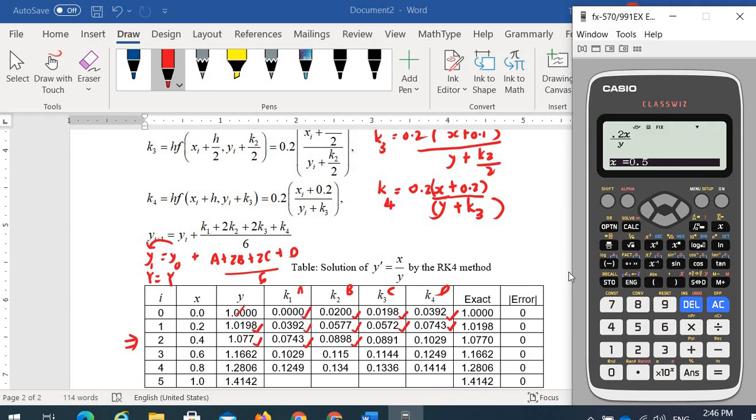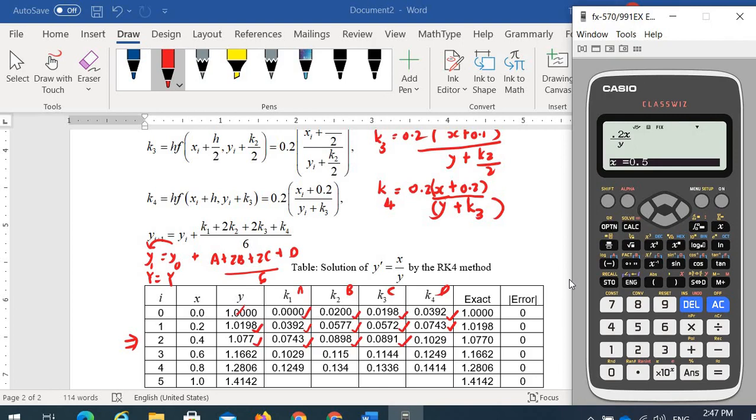Calculate again to get K3. X is the same, 0.4 plus 0.1, 0.5. Go down. Y for K3 is Y plus K2 divided by 2. So 1.077 plus K2 0.0898 divided by 2. Again you get K3 0.0891. Then calculate to get K4.